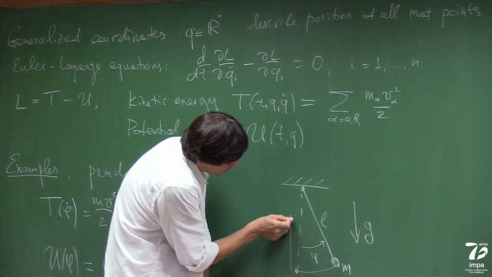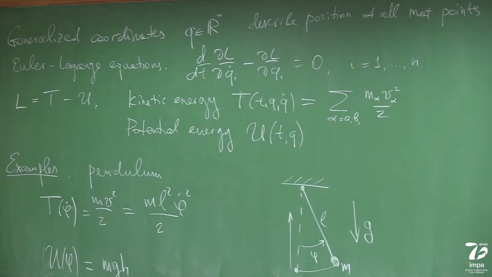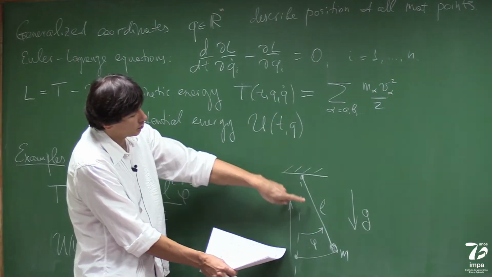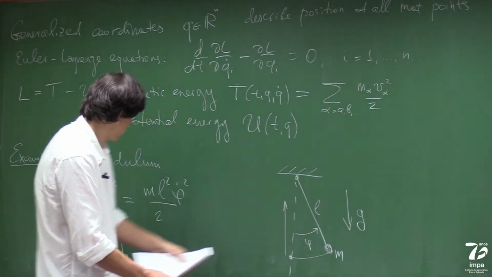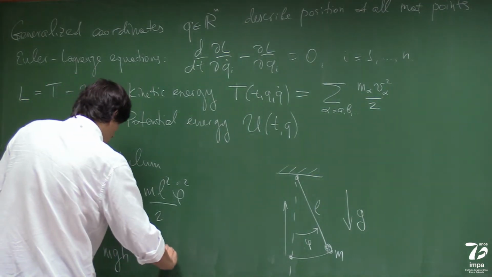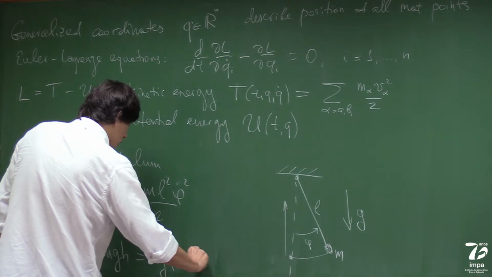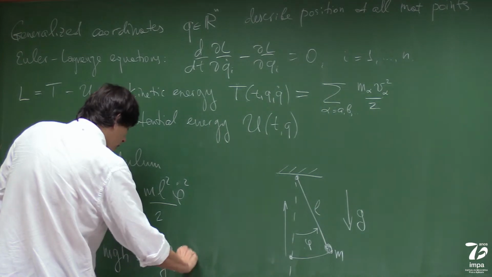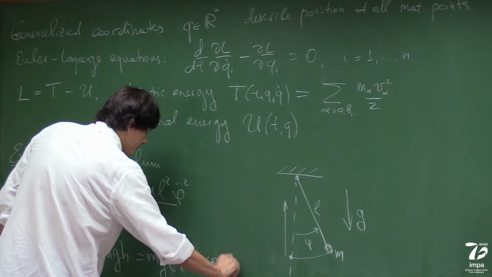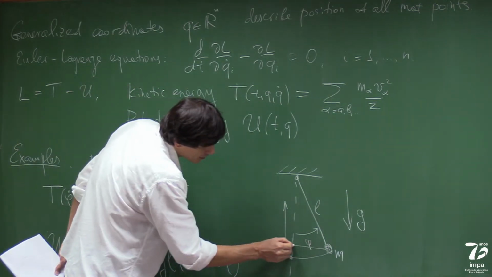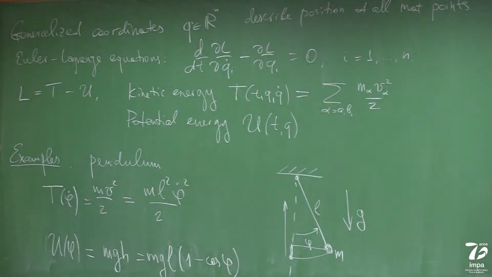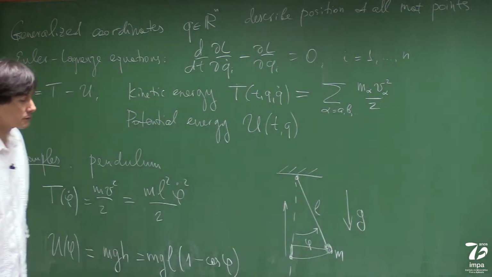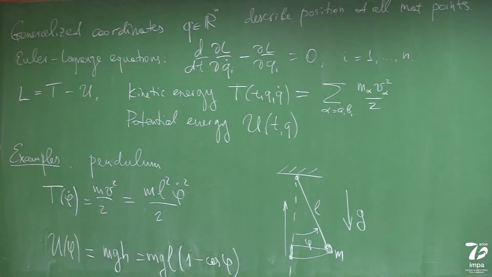So let's compute h from the lowest position. You can compute it from the length of the pendulum and the angle. So it's mg, and the height would be L times 1 minus cosine psi. So 1 minus cosine psi is exactly this piece. What is the height of this pendulum over the lowest position?